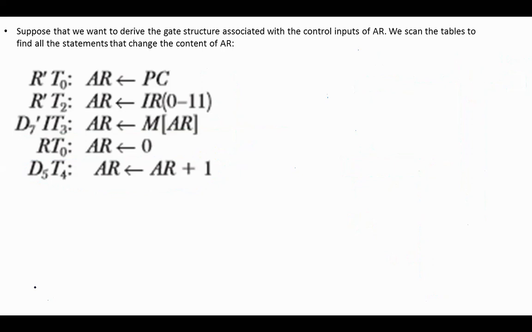The control functions can be combined into 3 Boolean expressions as follows. Here the load input of the address register equals not R T0 or not R T2 or not D7 I T3.